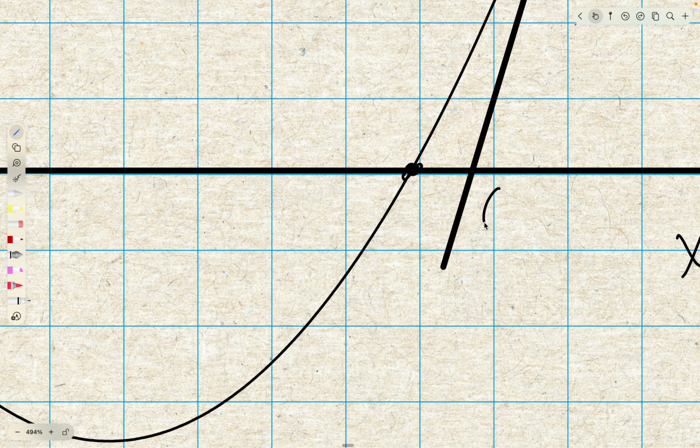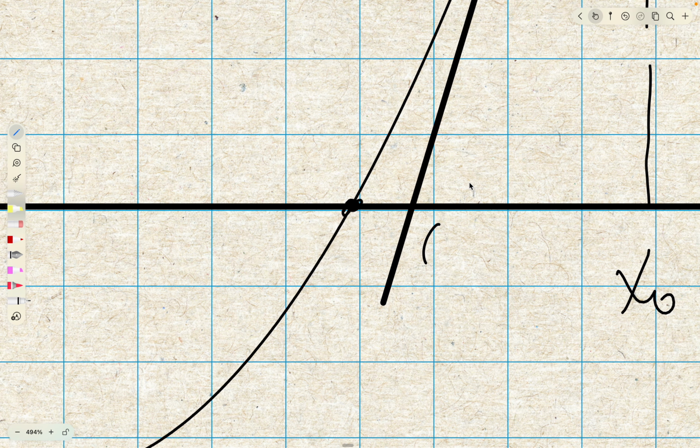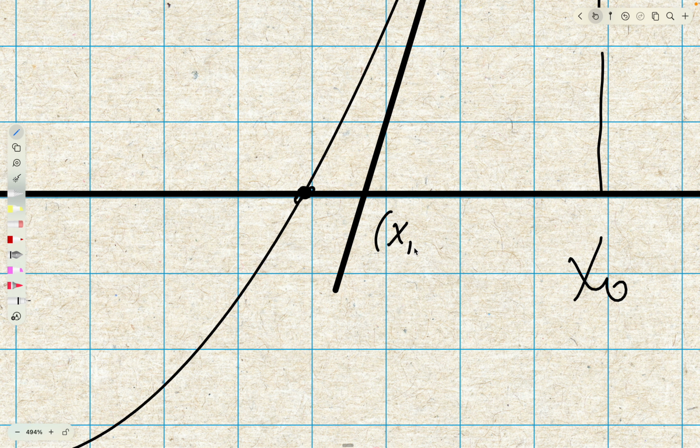Okay, 0 and this is let's denote it as x1, and 0, x0.